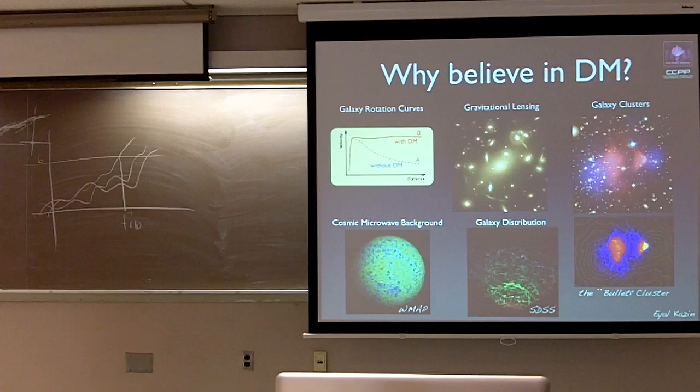So why do we believe in dark matter? Again, here I just show a few of the many examples of how we infer it through gravity. For example, rotation curves, the manner in which stars go around within their galaxies, and the way that matter bends light according to general relativity.